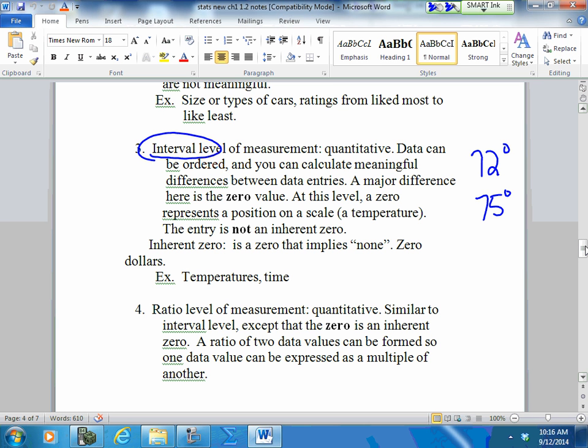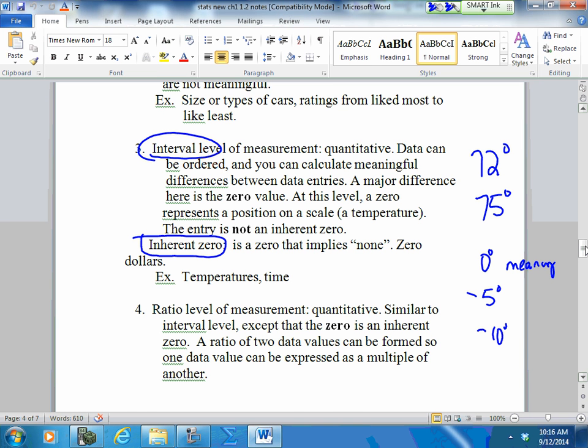And what's key to this is what we call an inherent zero. An inherent zero says you have nothing. I have no dollars. I have no books on my desk. A zero in temperature says it is a temperature. So in an interval, this has meaning, because then you're negative 5 degrees, you're negative 10 degrees.